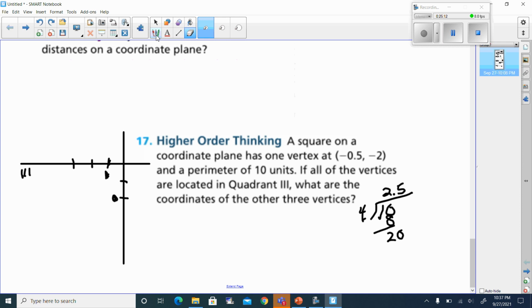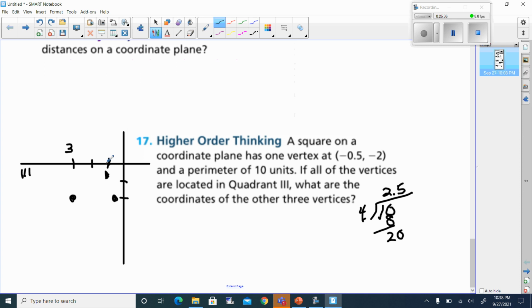And now I'm going to have to make it over here to make it a square, right? So this is going to be here. And if we said this was going to be a half, right, so this would be 2.5. So this would be sitting at 3 then, right?